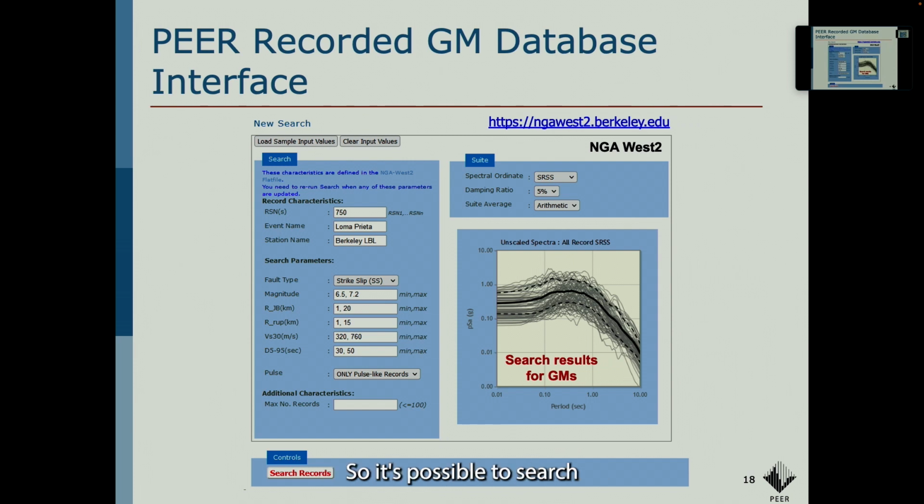It's possible to search for motions at different soil types using VS30. And you can also search for motions with specific durations using the significant duration parameter. This is useful for searching for long duration motions and any motion of interest, basically.